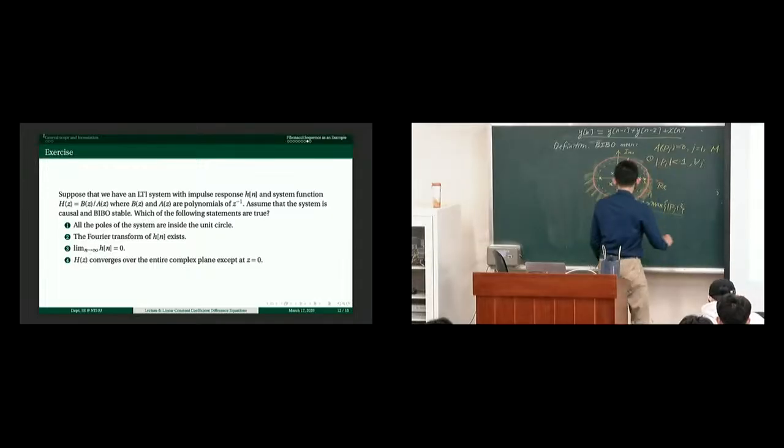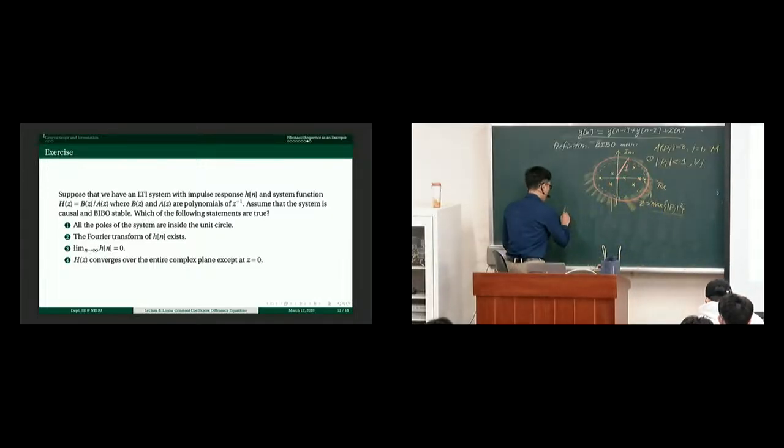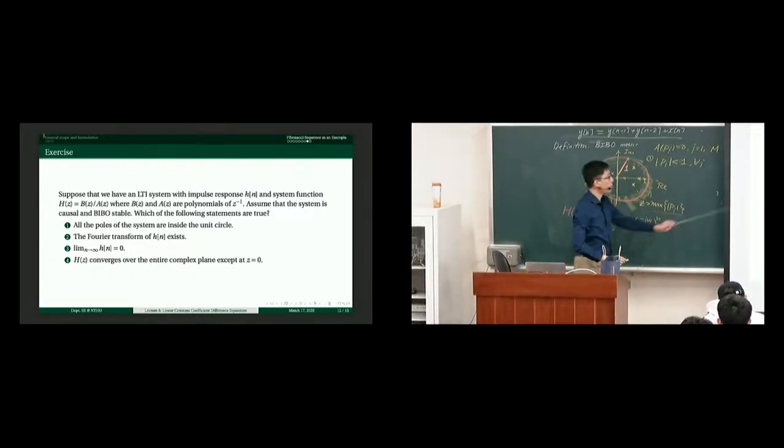The Fourier transform is H of e to the j omega equals the summation of h of n e to the minus j omega n. That's the definition of the Fourier transform, from 0 to infinity if the system is causal to begin with.